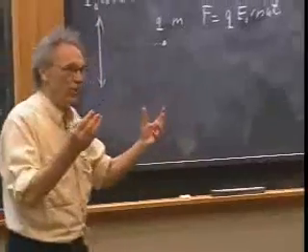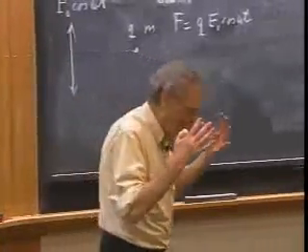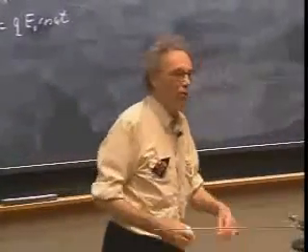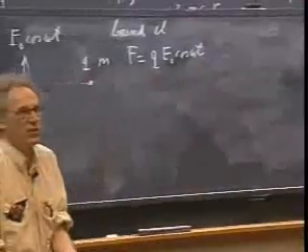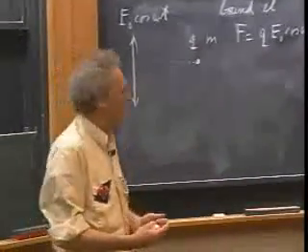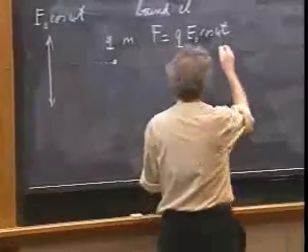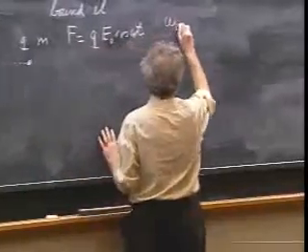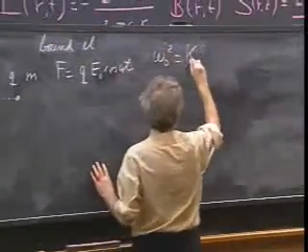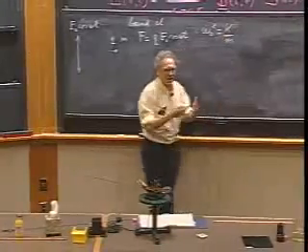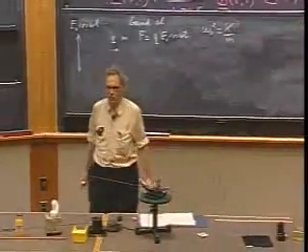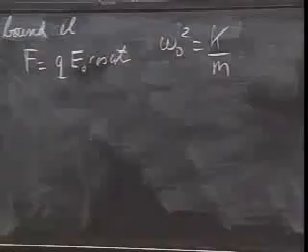So there is a restoring force that acts to some degree like a spring, and so there is also then a resonance frequency associated with that restoring force. And so that resonance frequency I will simply call omega 0 squared, which is then k over m, and k is then the equivalent of the spring constant, which now acts in the atom.